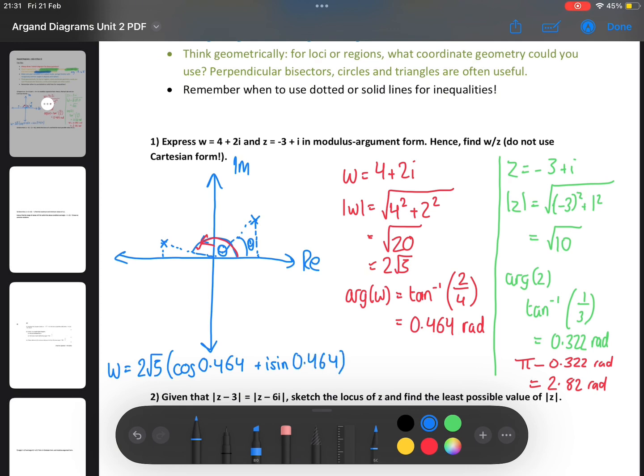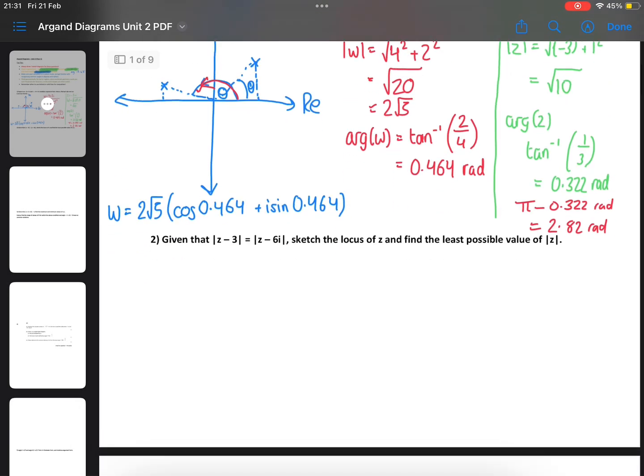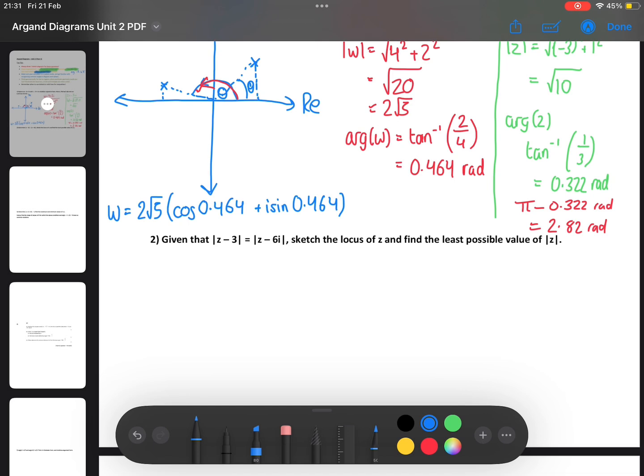And then for the next one, we have z equals, modulus was root 10, so we have root 10 cos of 2.82 plus i sine 2.82.